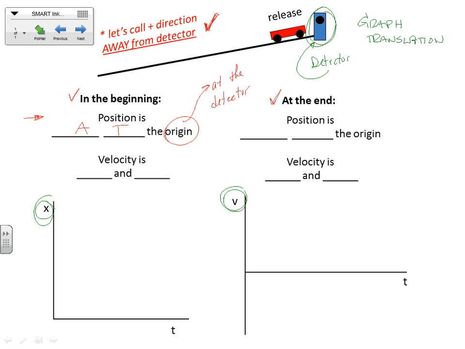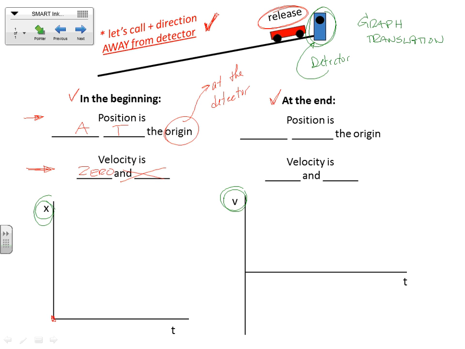That means we start our graph here at position 0. Now, what can we say about velocity? At the beginning, if this thing is released, what's the velocity? The velocity is 0.